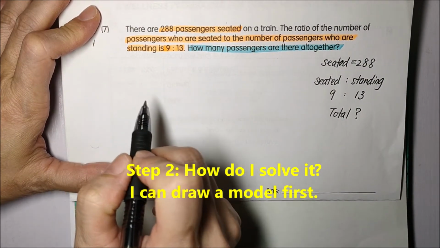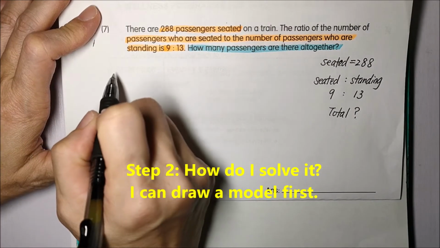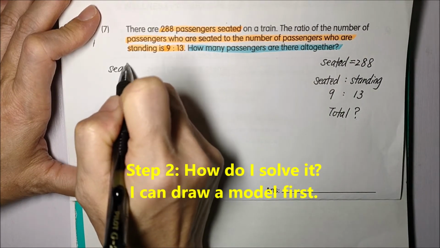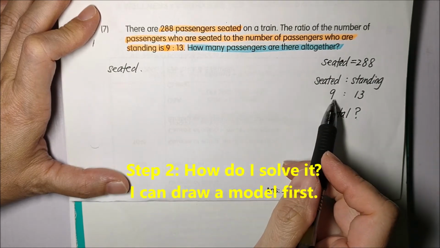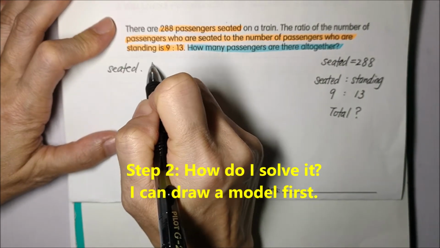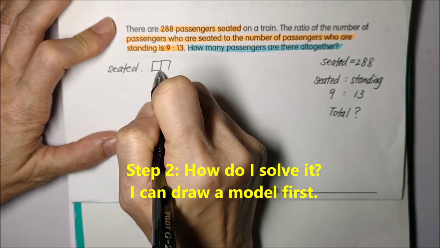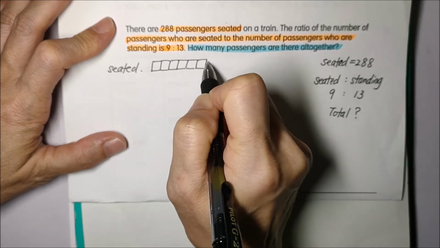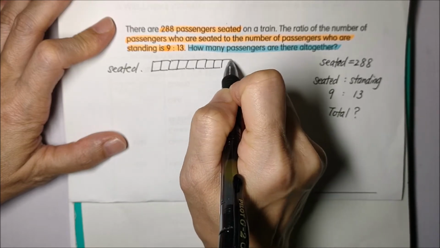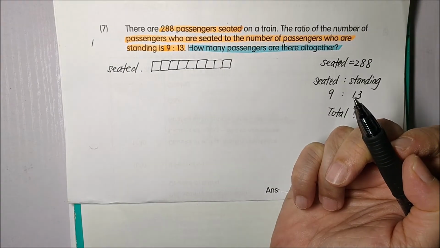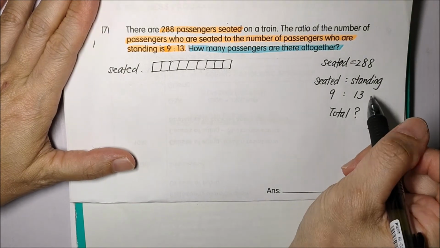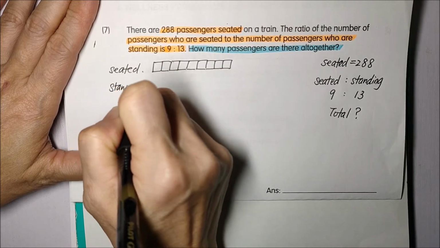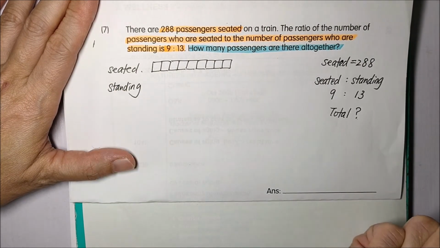Okay, so I'm going to draw a model. Let's start drawing a model for passengers who are seated. I have 9, so I'll draw 9 units. 1, 2, 3, 4, 5, 6, 7, 8, 9. Then the number of passengers standing is 13, so I will draw 13 units for passengers who are standing.